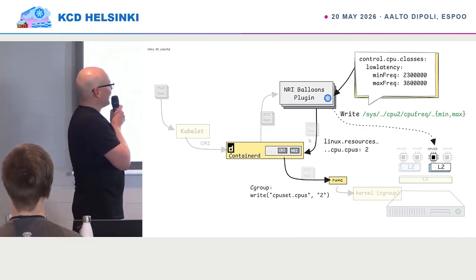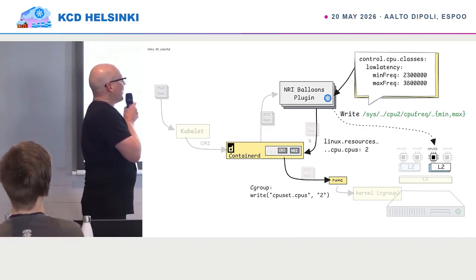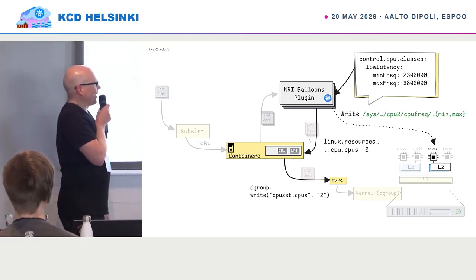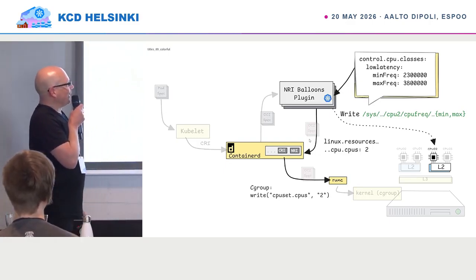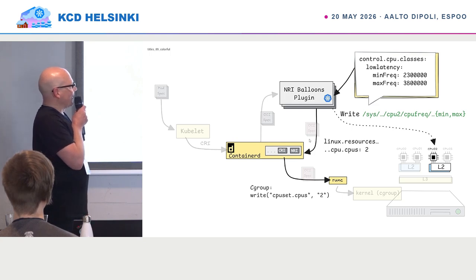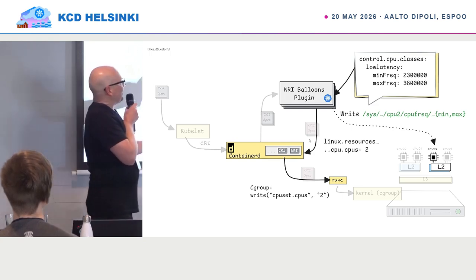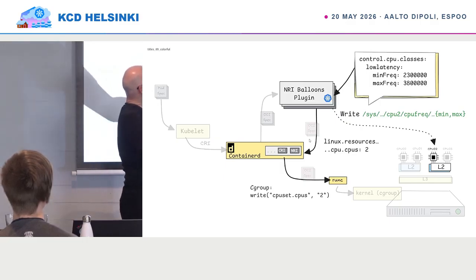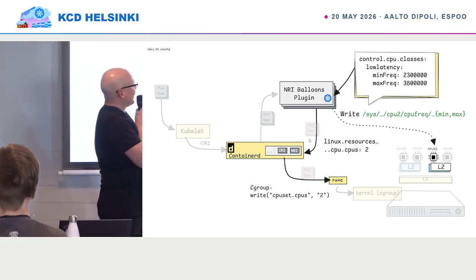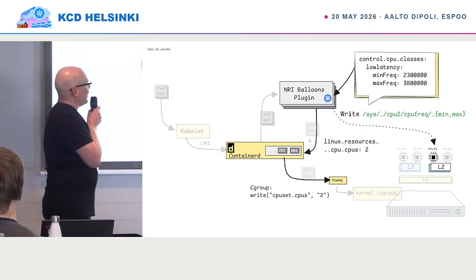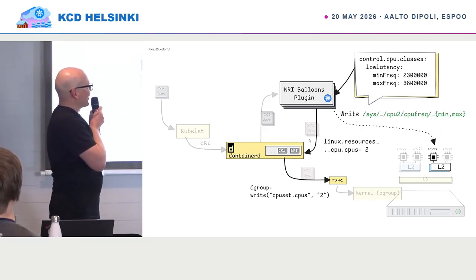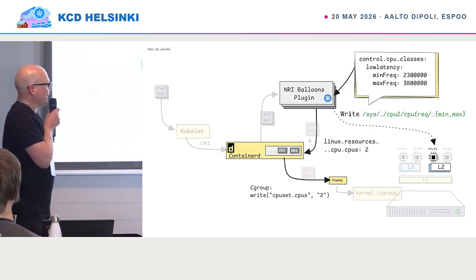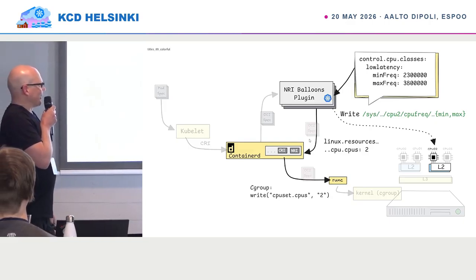They are typically deployed that way. So they can write directly to sysfs and set the CPU frequencies as specified in this CRD. And because this NRI plugin also decides exactly which CPUs these containers are going to run on, it knows which CPU frequency should be adjusted as specified.